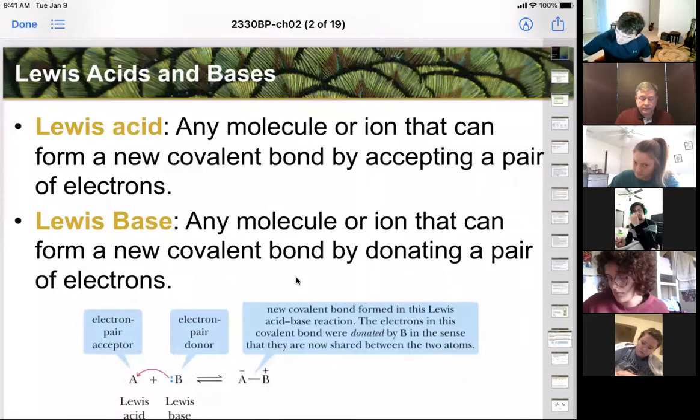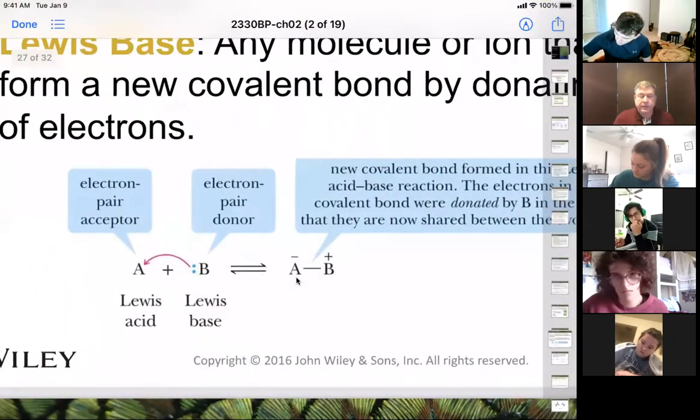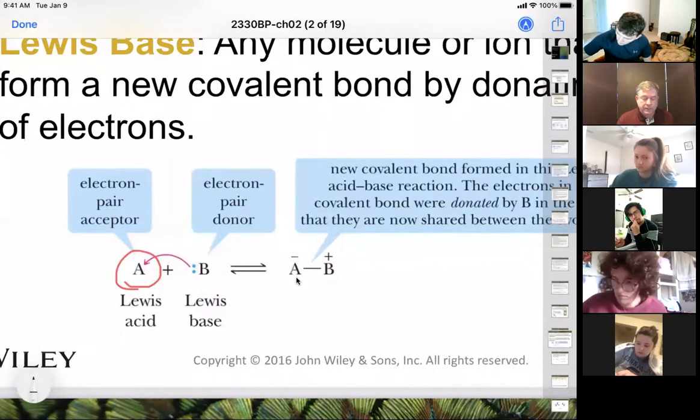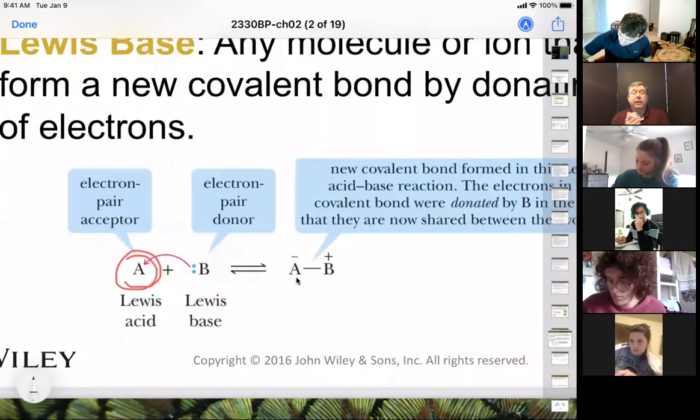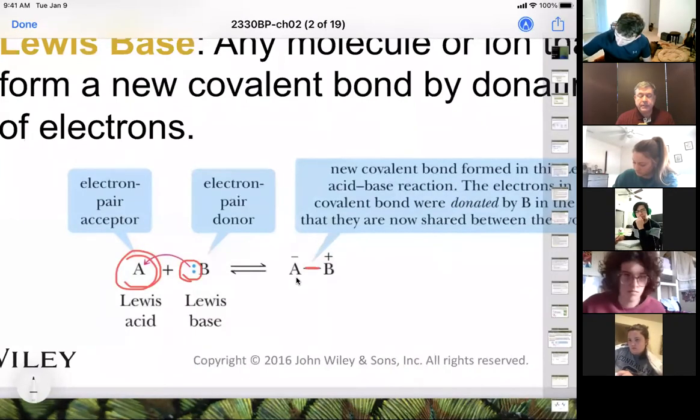Okay, so let's look at that again. This is kind of confusing at first, but it starts to make sense when you play with it a little bit. In this case, we have our Lewis acid here, and our Lewis acid wants to accept an electron pair. Our Lewis base wants to donate an electron pair to make a covalent bond. So basically, the two electrons that were this lone pair become the two electrons in our covalent bond.